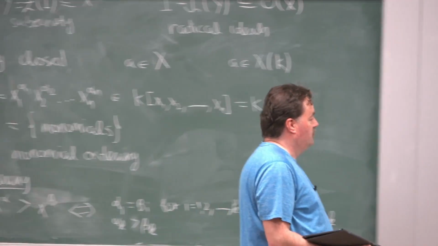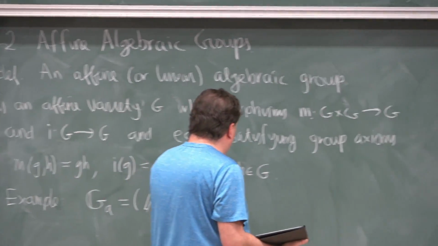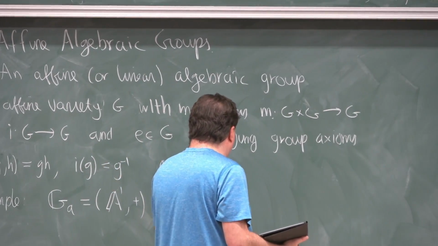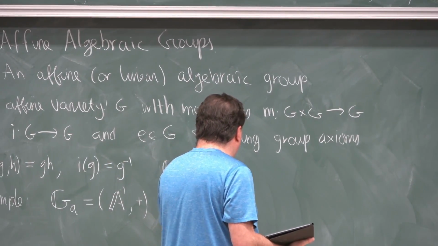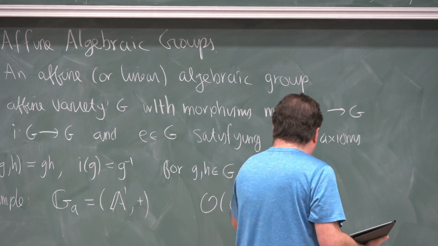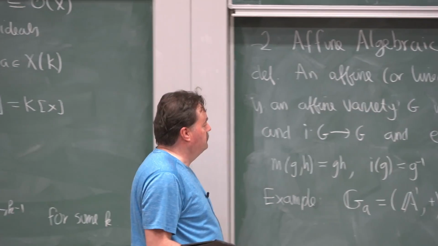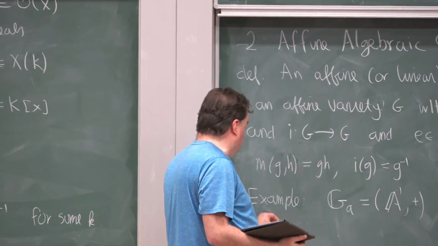closed. In that case, GA is just an affine variety, right? And the coordinate ring is just a polynomial ring in one variable. And then the multiplication is just addition, right?